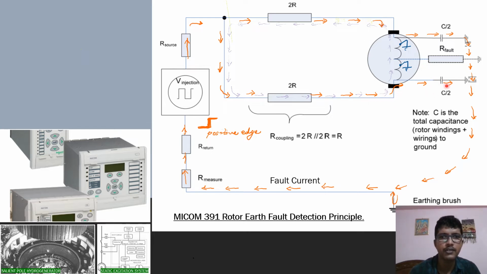So there are three components of current: this one, this one. Remember, these two currents are through the capacitance of the field relative to ground, and this one is through the fault, and it will finally return through the shaft and come out through the earthing brush to the detector.